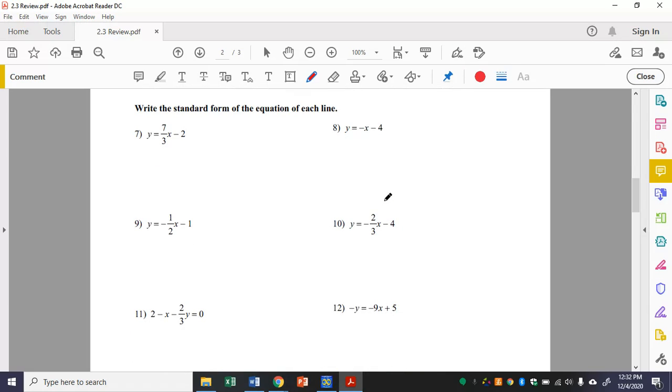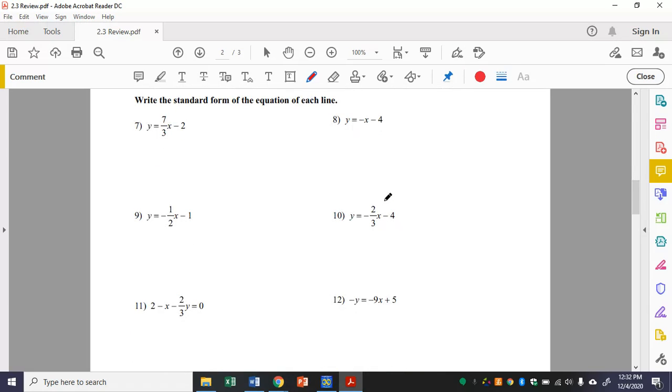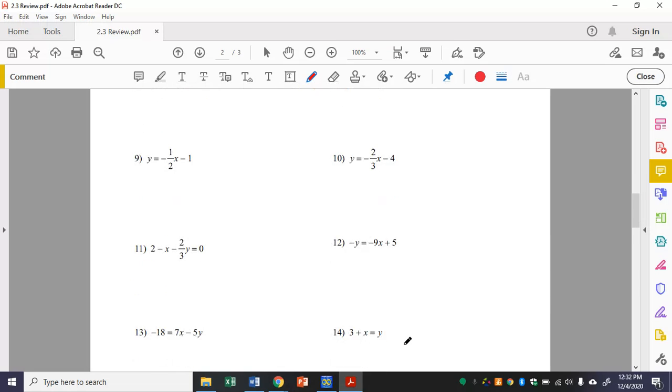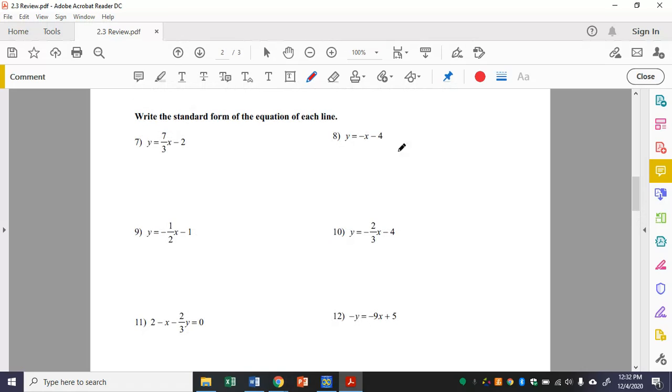Okay. In the next section, I'm giving you different equations and telling you to graph them in standard form. Remember, standard form is ax plus by equals c. Remember our rules. The first rule is that ax, that first term, has to be positive.